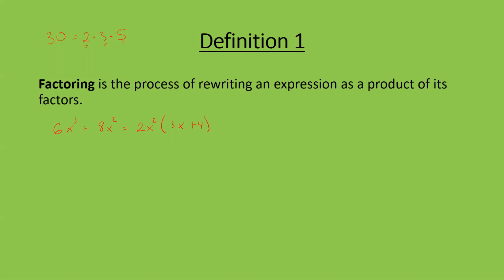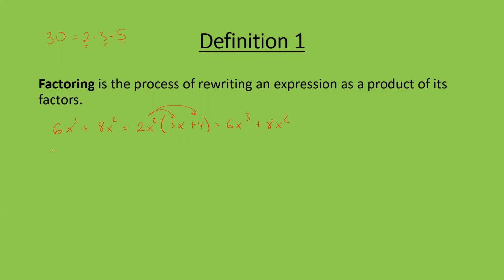I'm multiplying 2x squared by 3x plus 4. And of course, we can check whether we did it correctly by simply multiplying and making sure we do get our original expression, and 2x squared times 3x is 6x cubed, and 2x squared times 4, that's 8x squared, right? We did do it correctly.